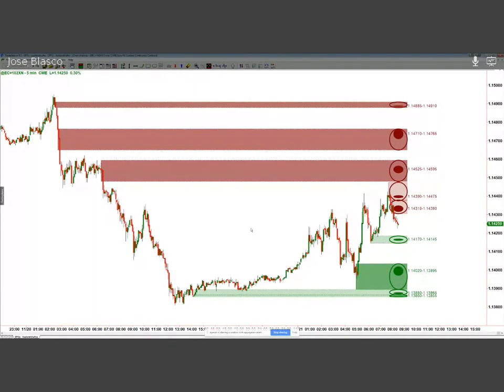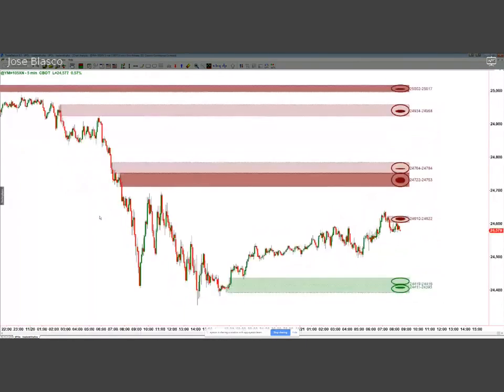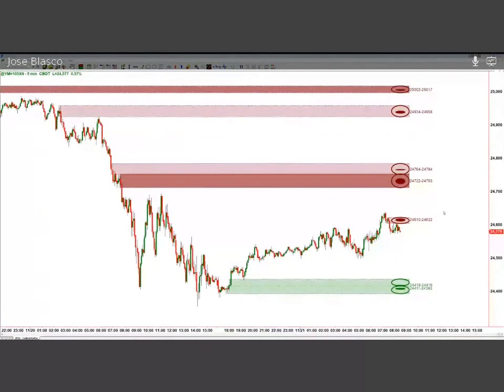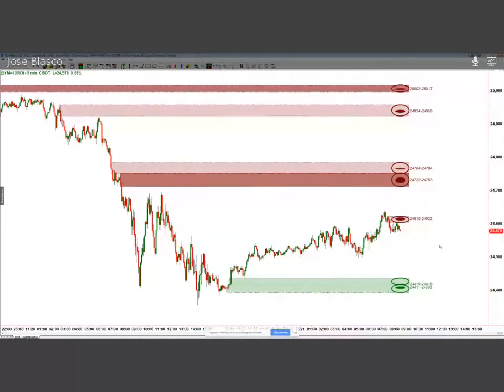That means no room for price to move. Let's look at what else we can look at. For example, the YM, the Dow Jones futures. Here, yeah, a very similar setup.